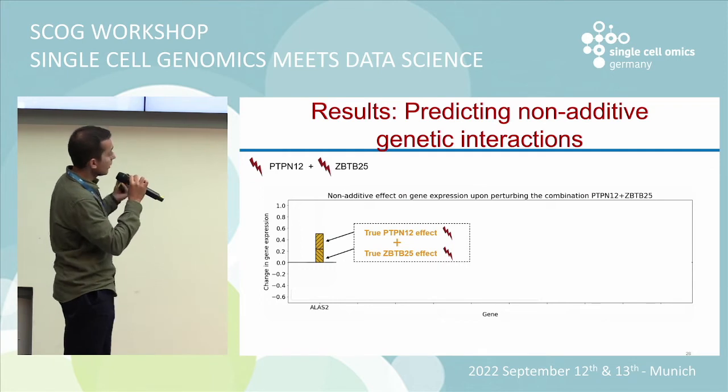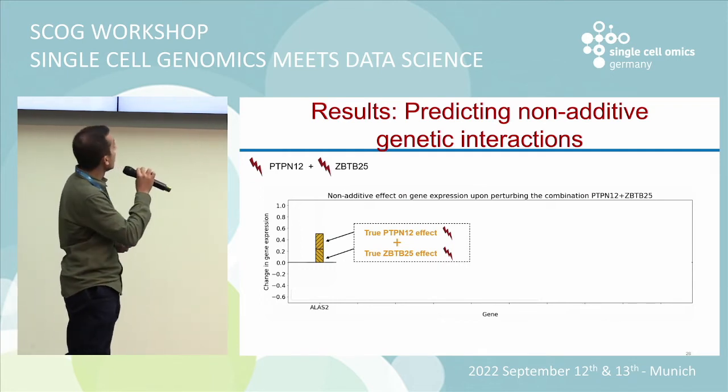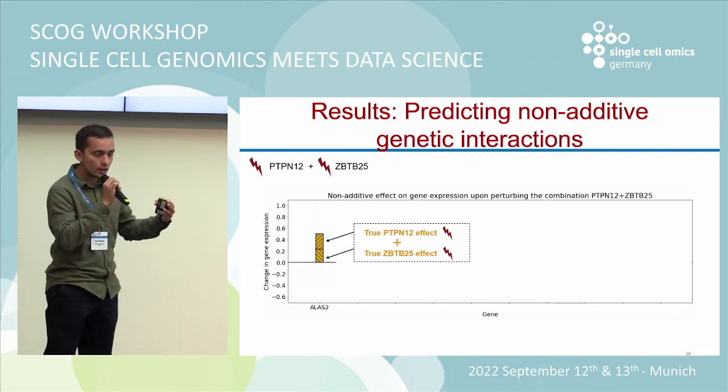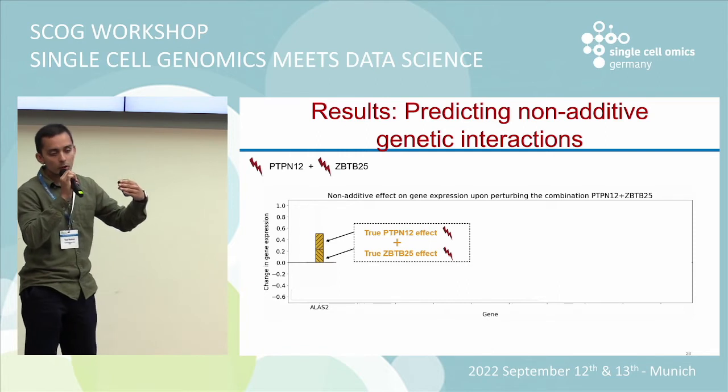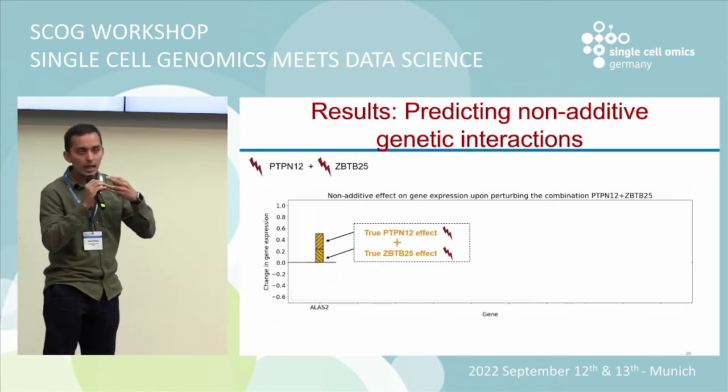The other thing I was more interested in validating was whether we are able to detect nonlinear interaction effects. If you're perturbing two genes in combination, a naive model would simply say the effect is to add their effects.